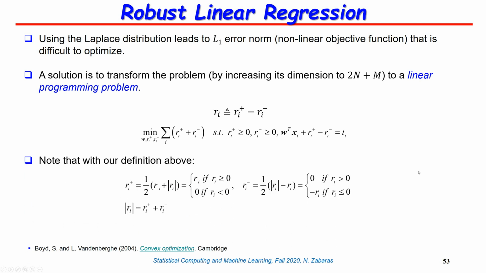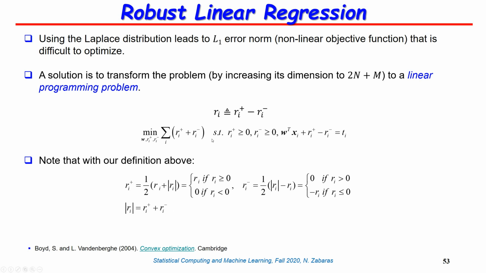And what are Ri plus and Ri minus? They effectively define if you are above the regression function or below the regression function, and the magnitude of the distance from the regression function is really Ri plus and Ri minus.